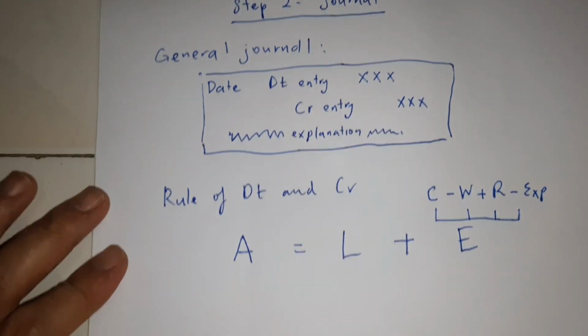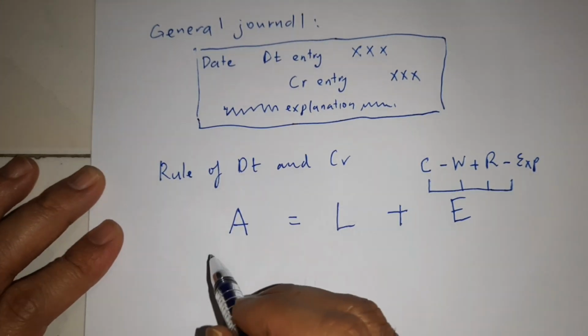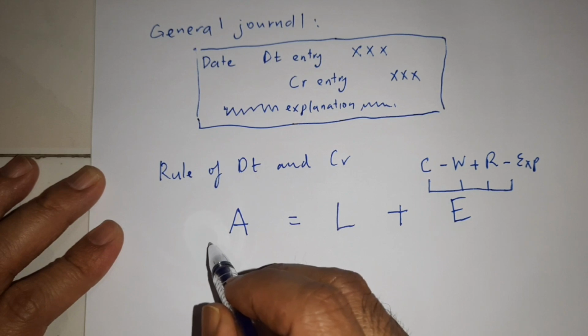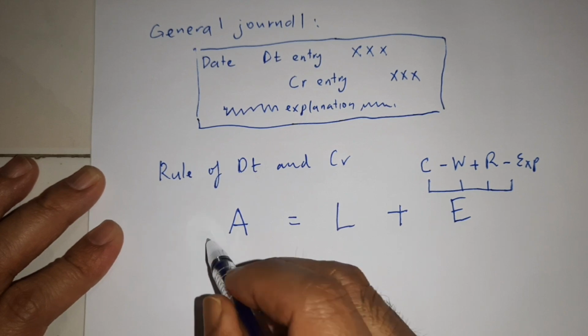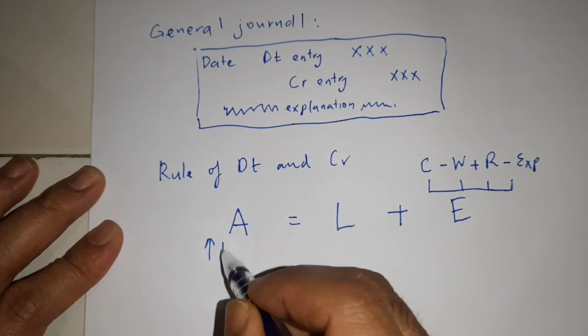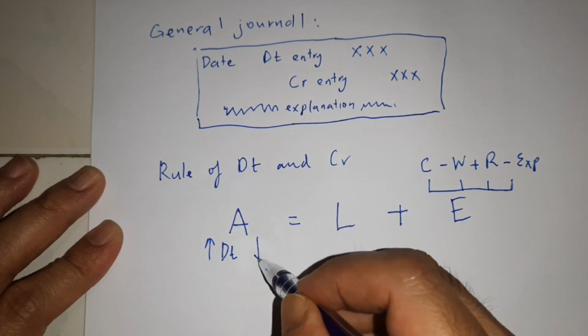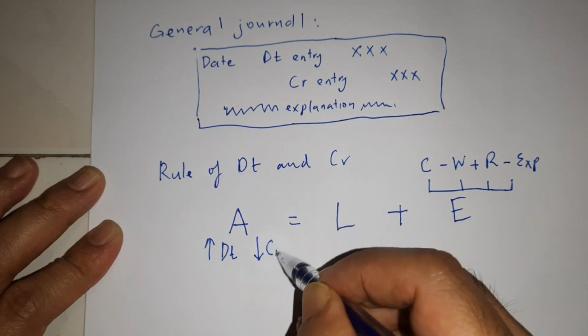Okay, the rule of debit and credit says if assets increase, you have to debit the asset account. If assets decrease, you have to credit the asset account.